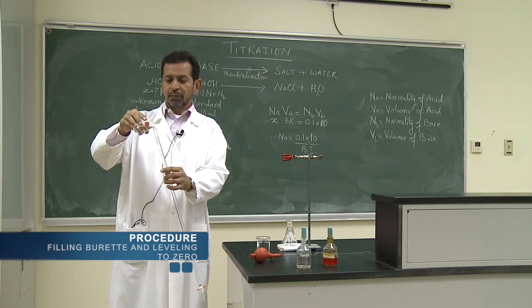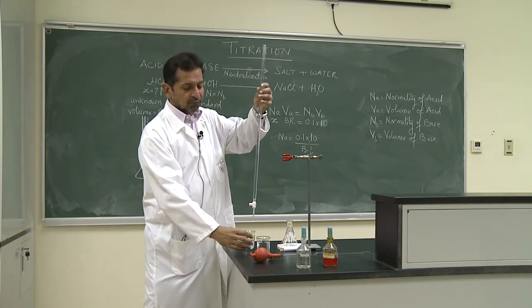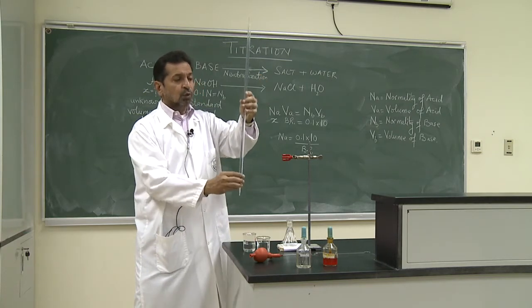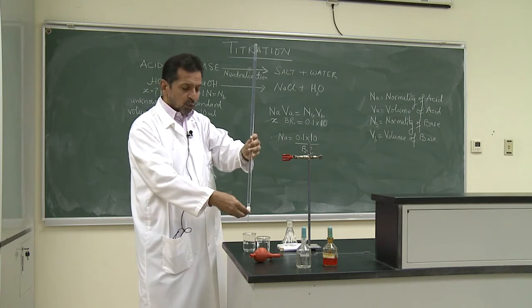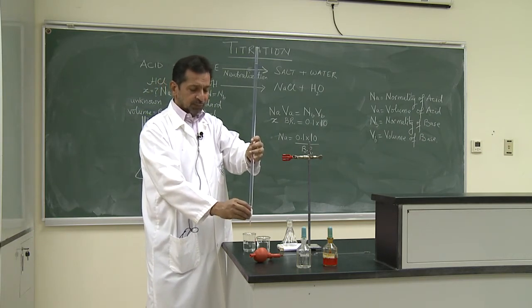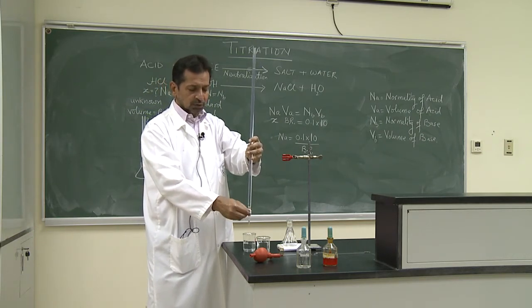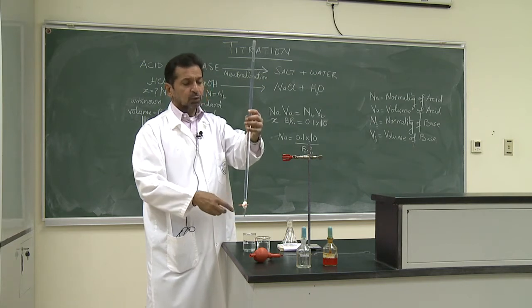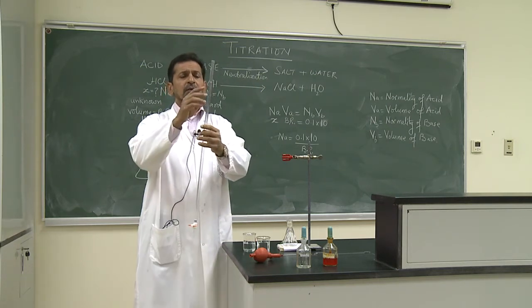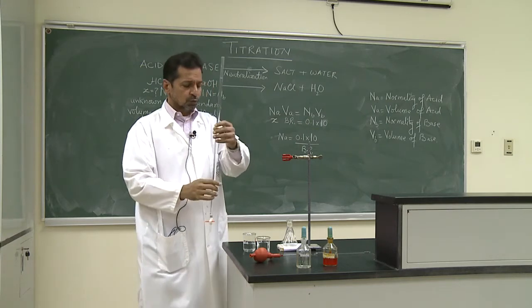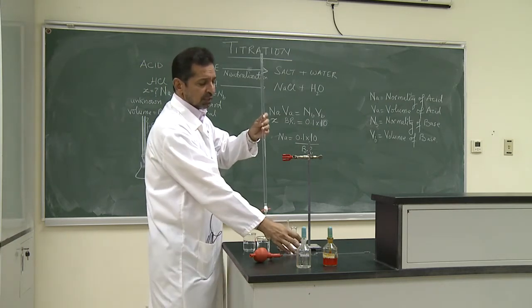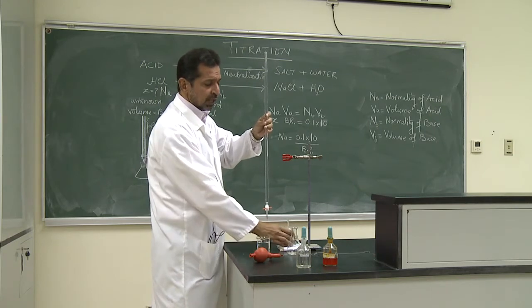After filling the burette with the acid, we have to remove the air from the jet of the burette. That can be done by opening the jet completely and passing the solution through the nozzle. Doing this, you might lower the level of the acid here, but it is above 0, so it is good. Now after filling this, we have to maintain the level at 0.